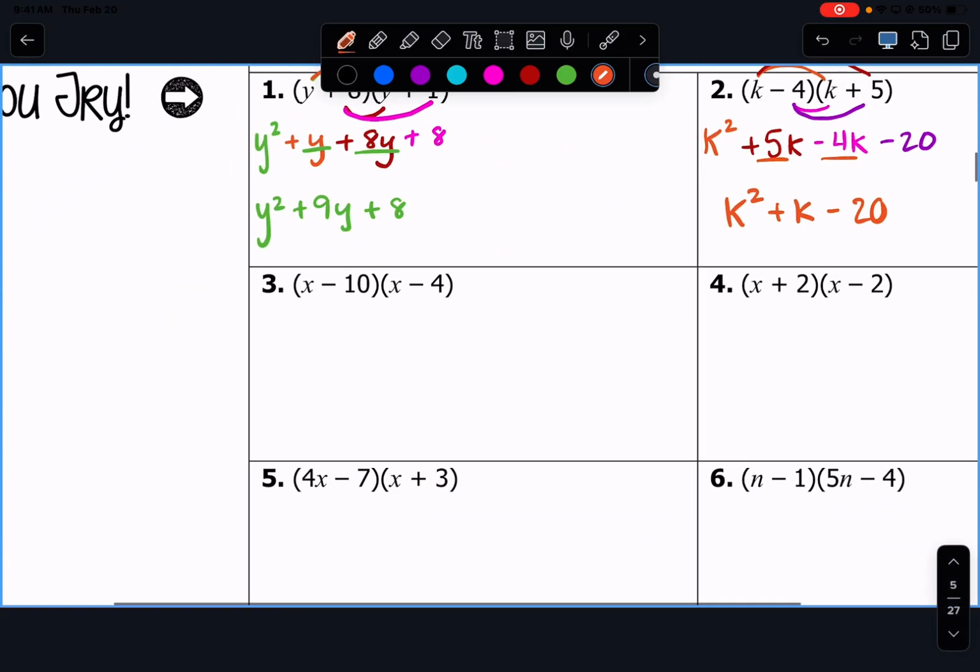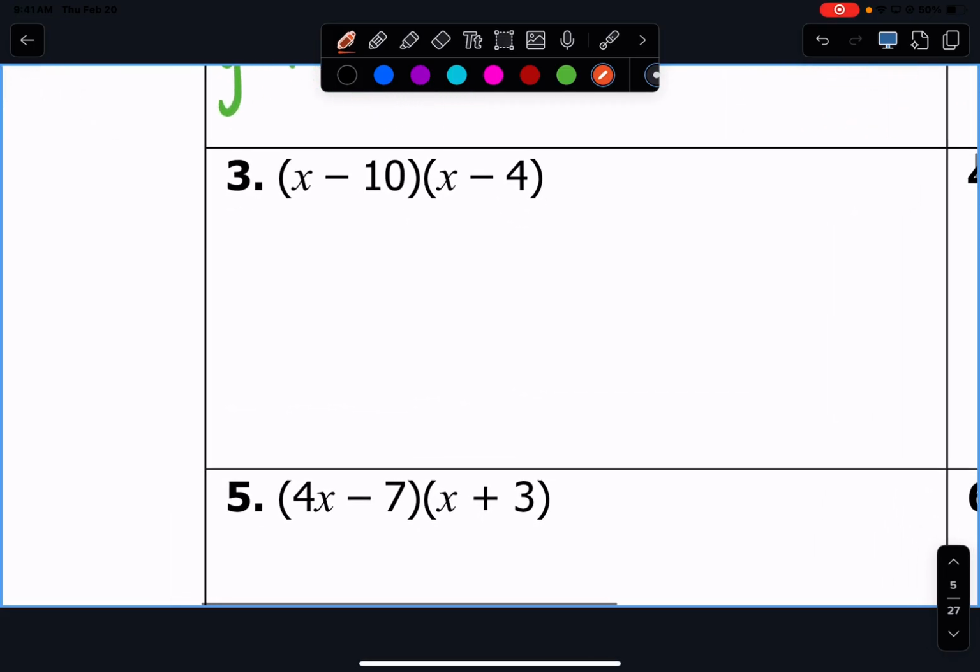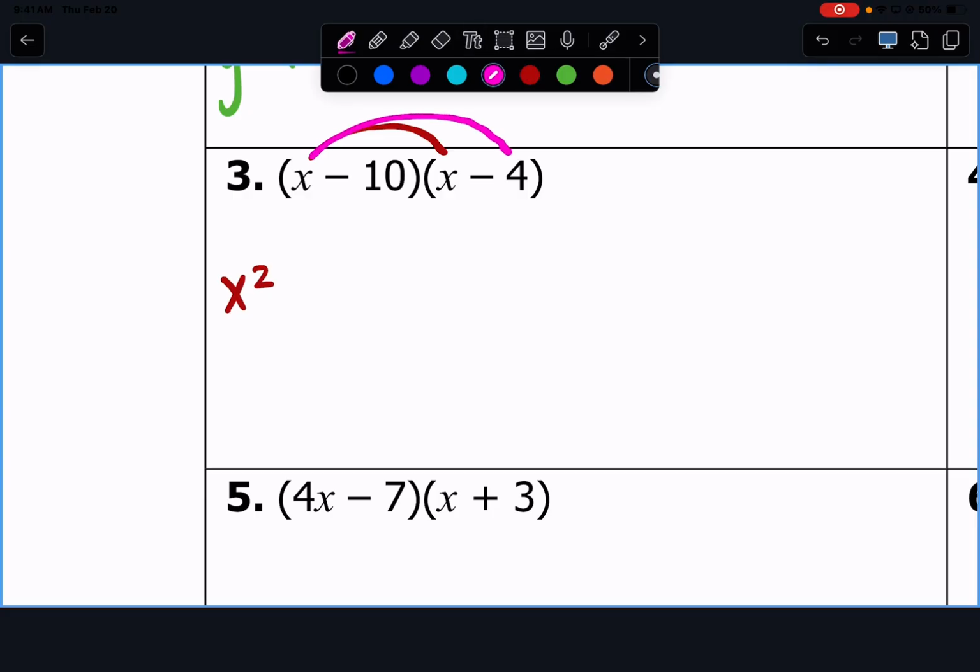Yeah. All right, so let's do the odds of these. So x times x is, okay, then we're going to do x times negative 4. Negative 4x. Negative 10 times x.